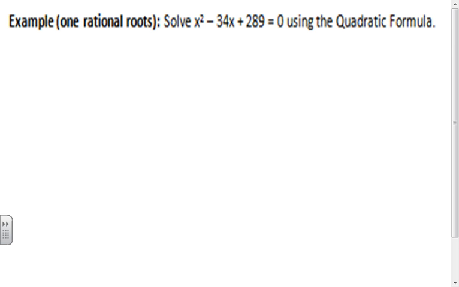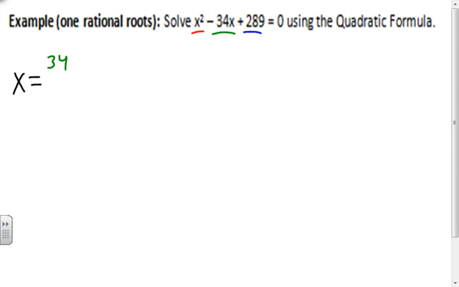In this case, we're going to see how we can get one solution out of this. This time, it's already given to us as our ax squared plus bx plus c equals 0. So we can go right into solving with the quadratic formula by plugging these numbers in directly.